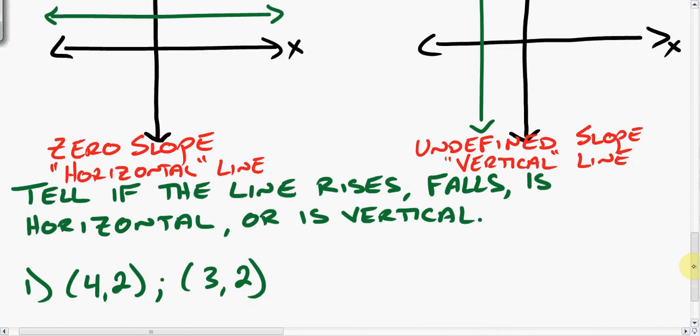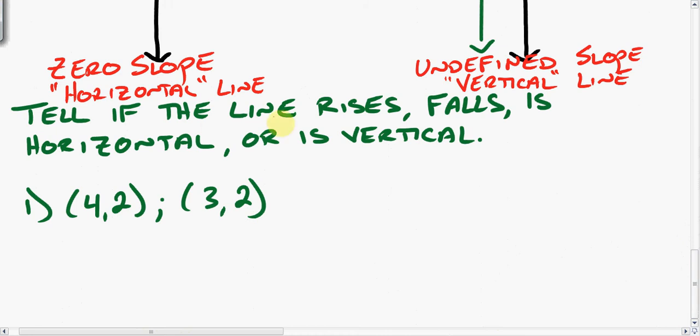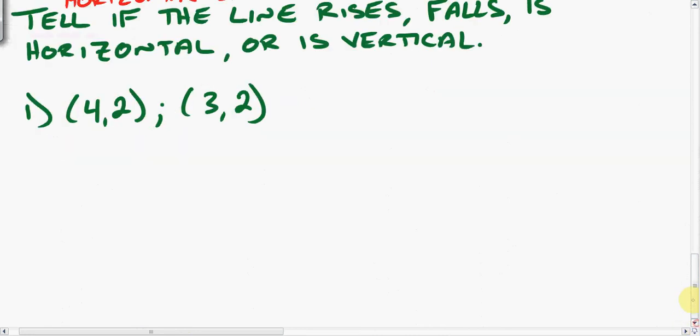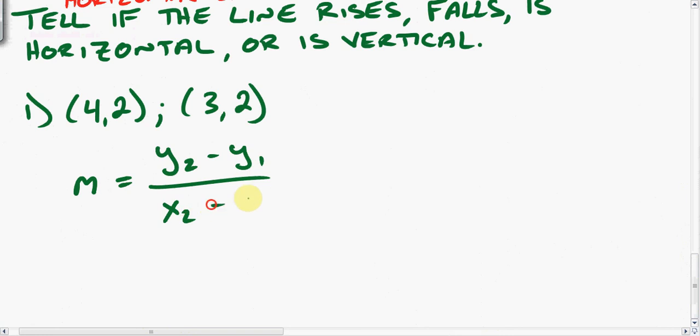So let's scroll on down here. These are our directions, and we're just given 2 points. In order to find the numerical value of the slope, we're going to have to use our slope formula, which we learned in part 1, which is m equals y2 minus y1 over x2 minus x1.